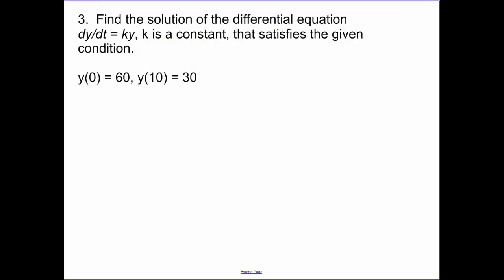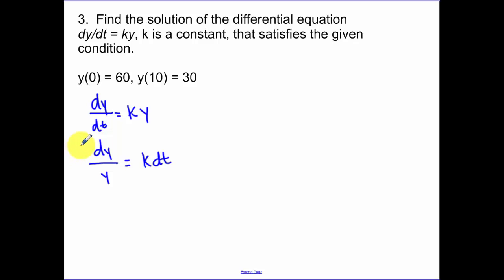So find the solution of the differential equation dy/dt is equal to ky, where k is a constant. Let's solve this differential equation. Let's separate our variables out. I divide both sides by y because y has to hang out by the dy, and I multiply the other side by dt.